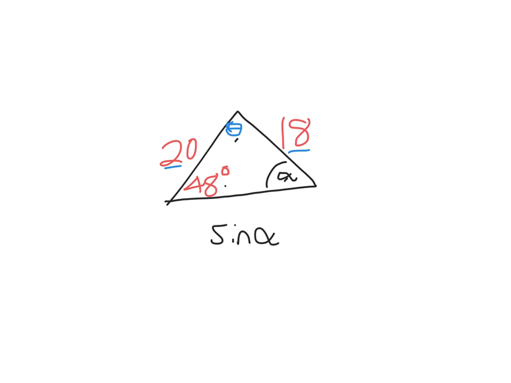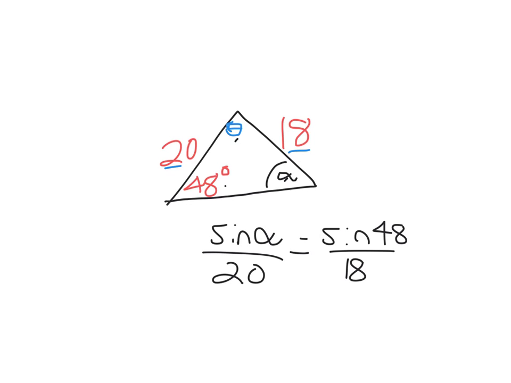Sine alpha over the side it's opposite equals sine 48 over the side it is opposite. Then I times each side by 20 and take the sine inverse. So I should get alpha equals sine inverse of sine 48 times 20 over 18.